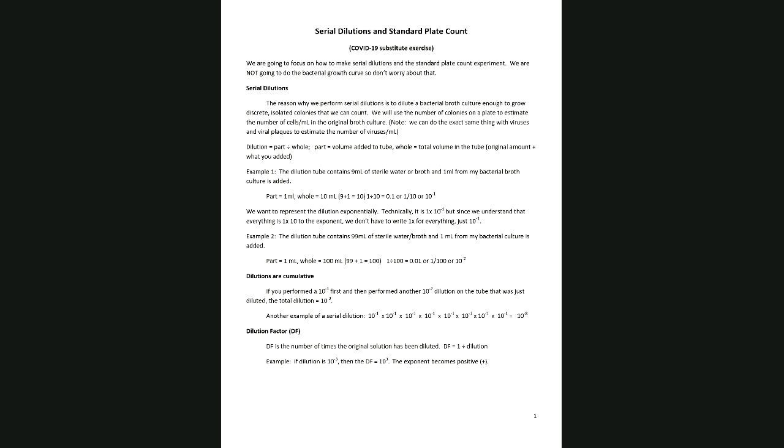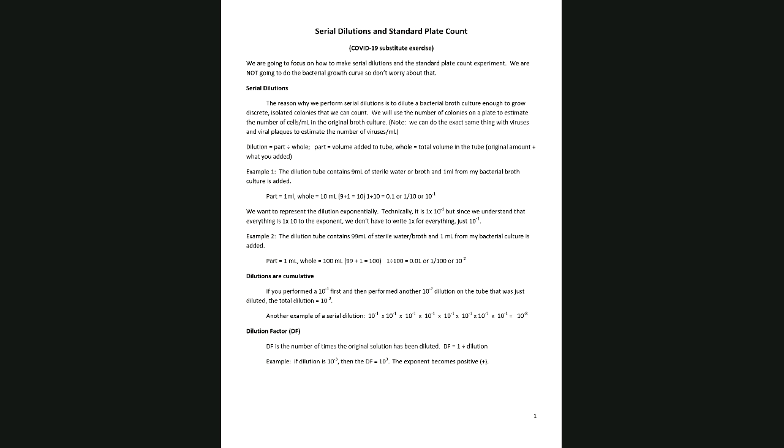And we typically add 1 milliliter of our solution to be diluted into those 9 ml tubes. So the part that we add is 1 ml. The total volume now in that tube is 9 plus 1, or 10 mLs. So 1 over 10, or a 1 to 10 dilution.